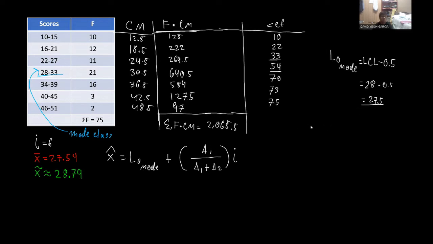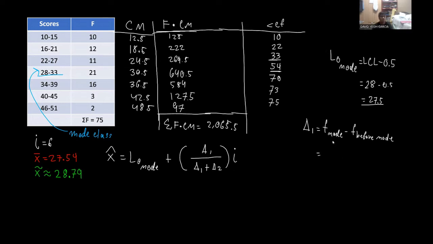Next, delta 1. What is delta 1? Delta 1 is basically the difference between the frequency of the mode class minus the frequency before the mode class. I'll just write "before mode" so you get what I mean. So this is the frequency of the mode class, and this one is the frequency before the mode class.